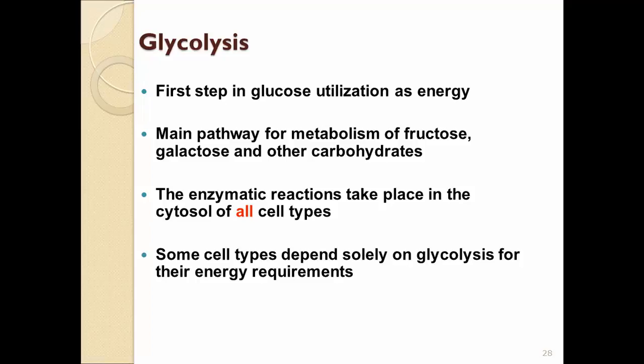So they only rely on glucose as energy fuel and cannot utilize the other energy fuels. So red blood cells, and brain, heavily rely on glucose, but brain cells can also utilize other energy fuels, for example ketone bodies, which we're going to talk about later.